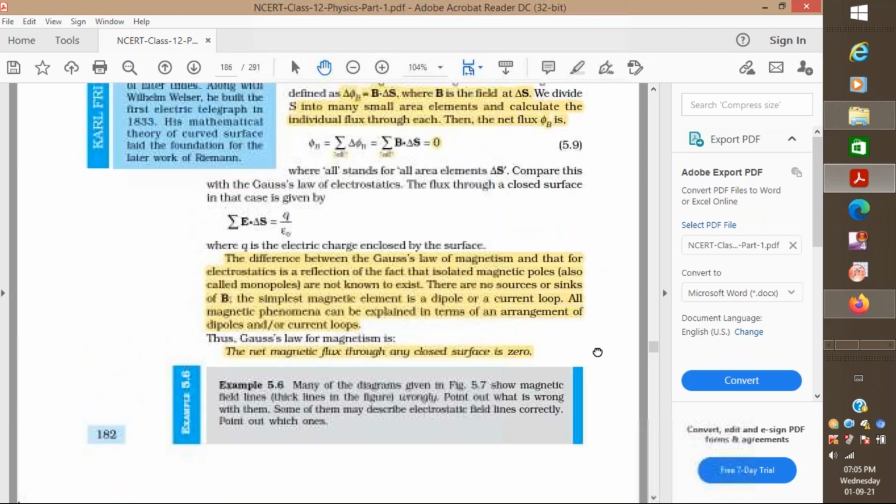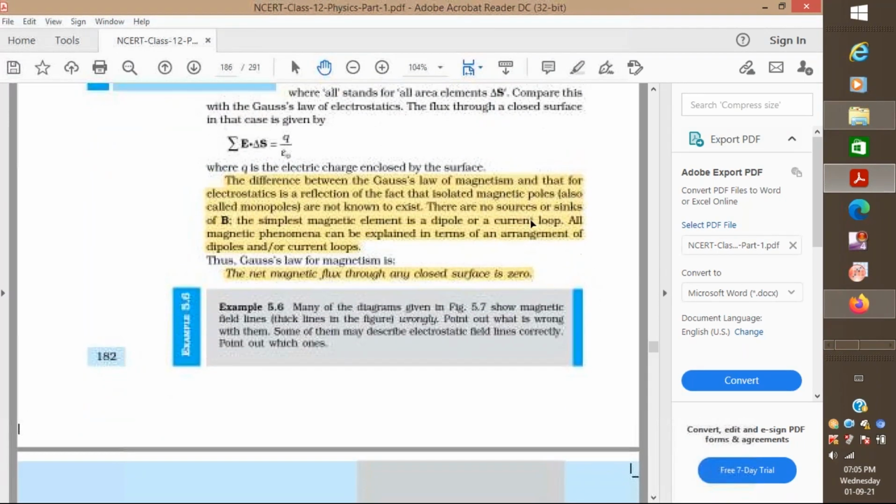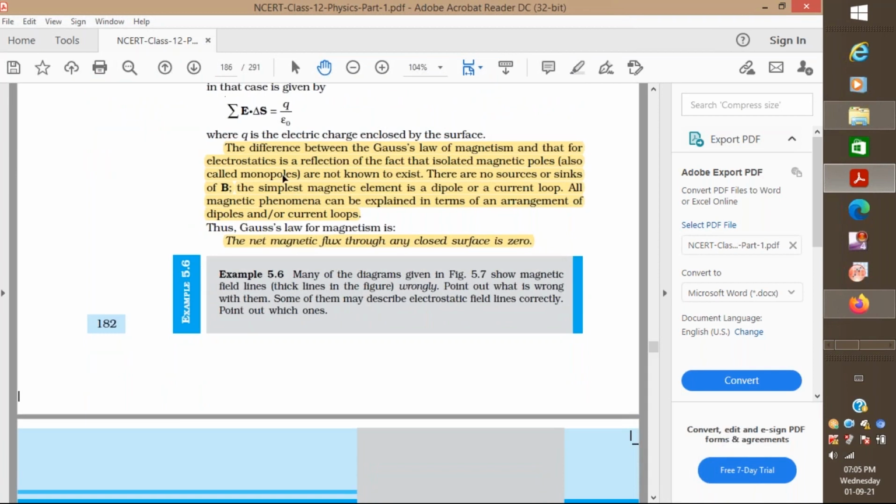Okay, so I think I'll stop here with this part: the difference between Gauss's law in magnetism and electrostatics is a reflection that isolated magnetic poles are not known to exist. One more point is there is no source and sink. Source and sink means what?